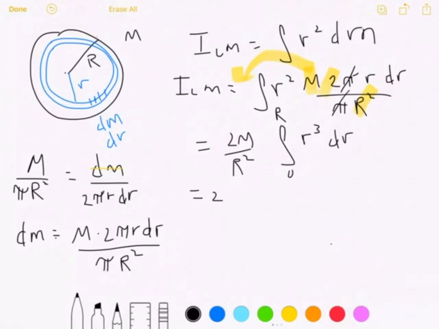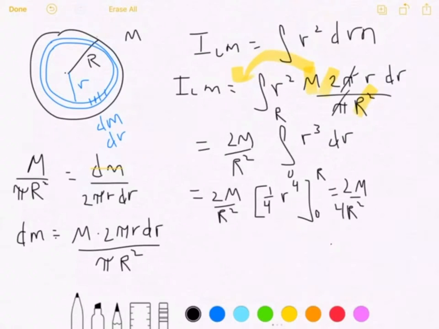So simplify again, we'll have 2M over R squared times 1/4 r to the 4th from 0 to big R. Again, we plug in that 0, that whole quantity will simplify to 0. So we'll have 2M over R squared times 1/4. So we'll have that 4 here. R to the 4th.